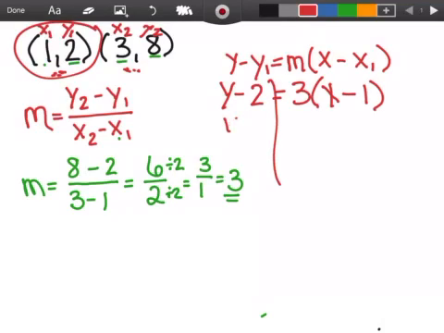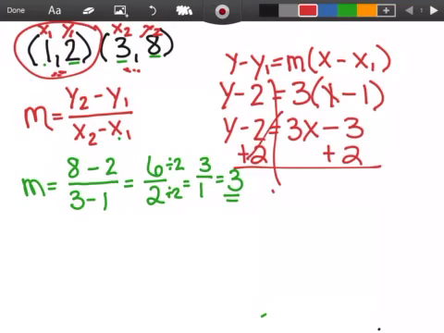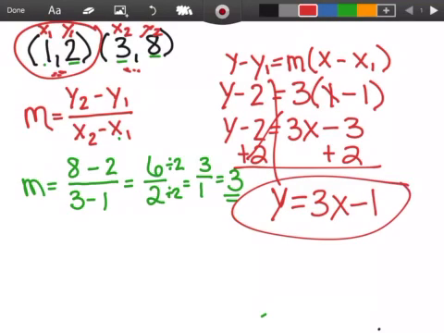We are just going to solve this quickly because we've already done a video about it. And then we're going to bring this 2 over here, opposite. So you get y equals 3x minus 1. There is your formula.